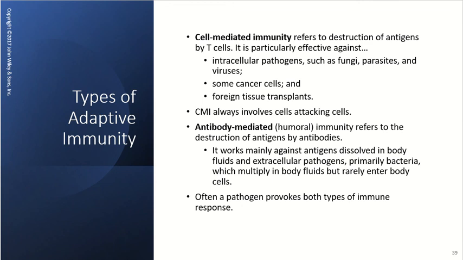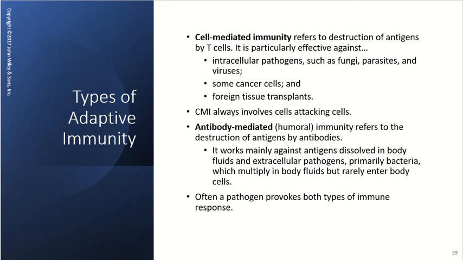Cell-mediated immunity is going to refer to the destruction of antigens by T cells. And this is going to be very effective against intracellular pathogens, things like fungi, parasites, viruses. It's going to be really great against some types of cancer cells, and it's also going to be excellent for foreign tissue transplants. So cell-mediated immunity is always going to involve a cell attacking another cell.